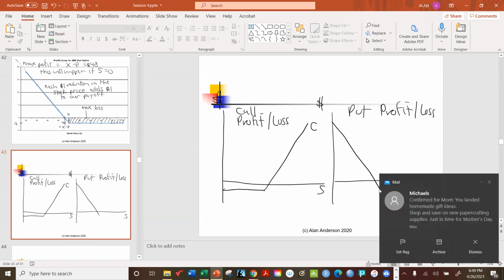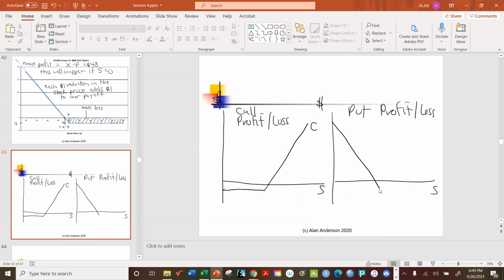Well, okay, you get the idea. That's why we'll be using Excel later on. So in other words, they're mirror images of each other from left to right.